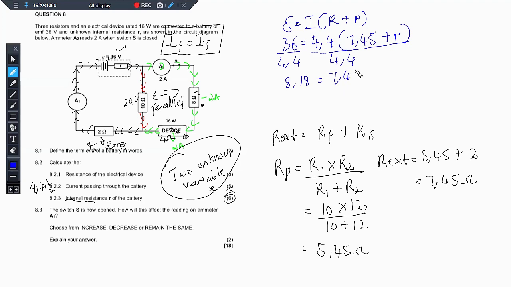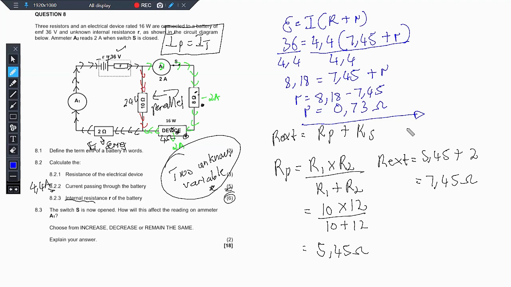Then 7.45 plus r. Now to calculate your r is just 8.18 minus 7.45. Now it's not necessary for you to do all that. At this point, you can just calculate r and then write your solution: 0.73 ohms. So bam, that's your 6 marks, right?